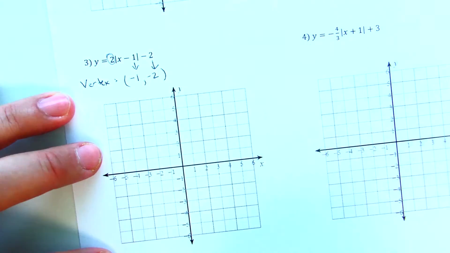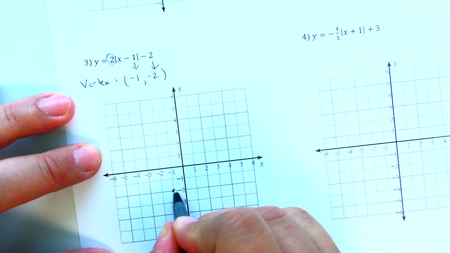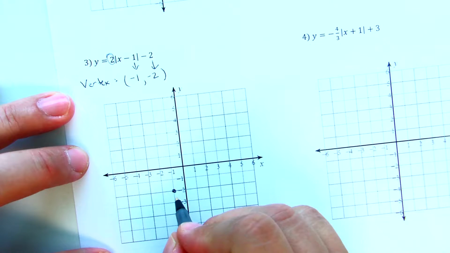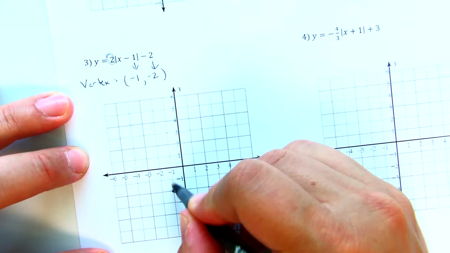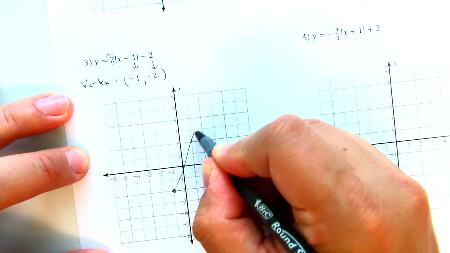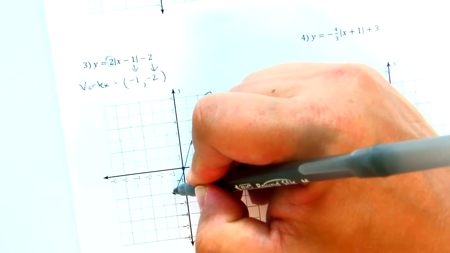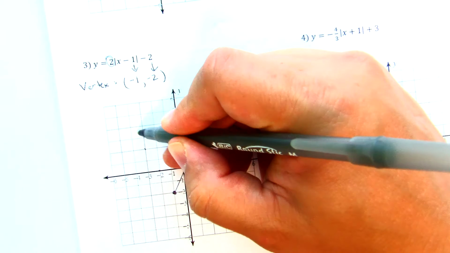So now the slope on the right is going to be 2. So go to negative 1, negative 2. There's my vertex, the bottom of my V. And then up 2 over 1, up 2 over 1. Going to look like that. And then the left-hand side is just going to be a mirror image, so it's going to go off like that.